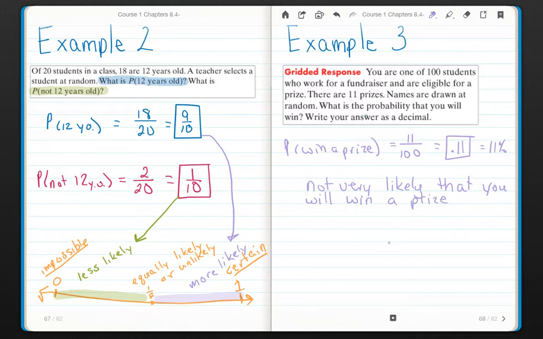It is not impossible. There is definitely a chance. It's just not a very large chance at only 11/100ths or 11%. There are a whole lot of people competing for not very many prizes.